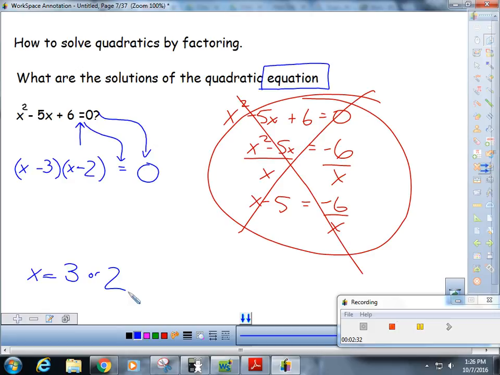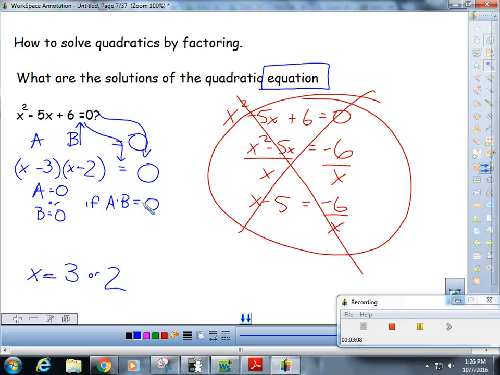And the reason why those are the answers is that you got to think about this. You've got two things. You got A times B, and the answer is 0. Well, how do we multiply two things and have the answer be 0? Either A equals 0 or B equals 0 if A times B equals 0.